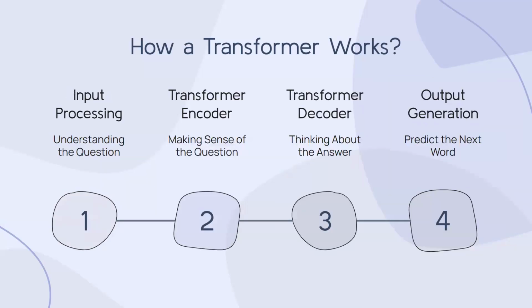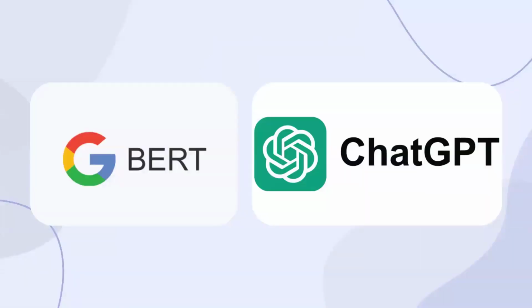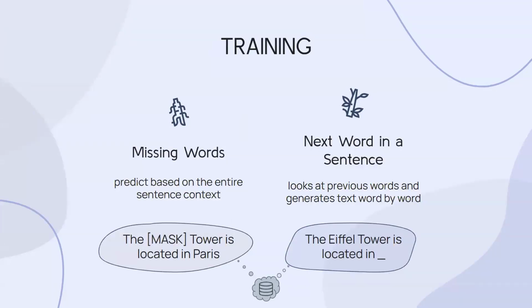So this is the overall picture of how transformers work, all the way from the input to whatever word is being generated or what response you're getting. The most primary examples that do this are the BERT model or the ChatGPT model. Basically, they use this model architecture, this idea, and then they train. The way that it trains is two ways.